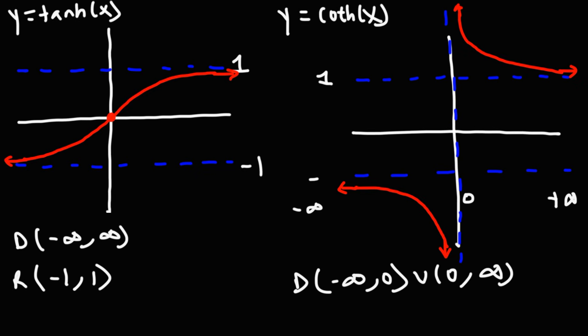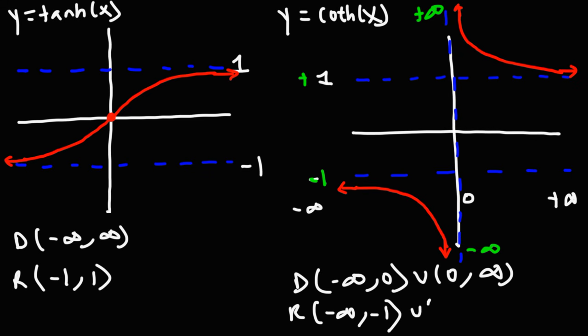As for the range, we're going to analyze it from the bottom to the top. The lowest y value is negative infinity. Then it stops at this asymptote at negative 1. It starts back up at positive 1 and goes to positive infinity. So for the bottom half, the range is going to be negative infinity to negative 1, and it's going to stop there.